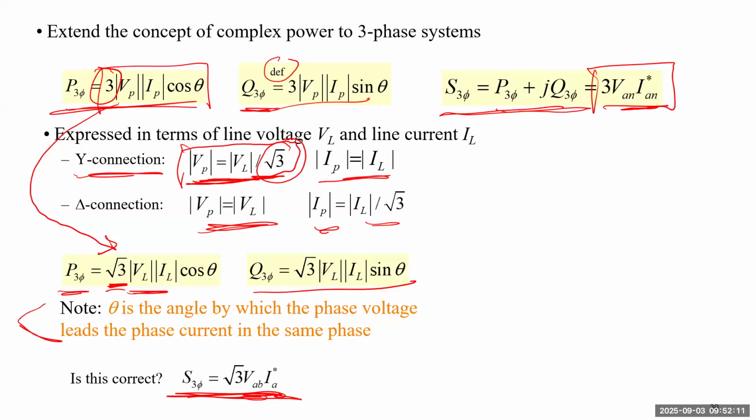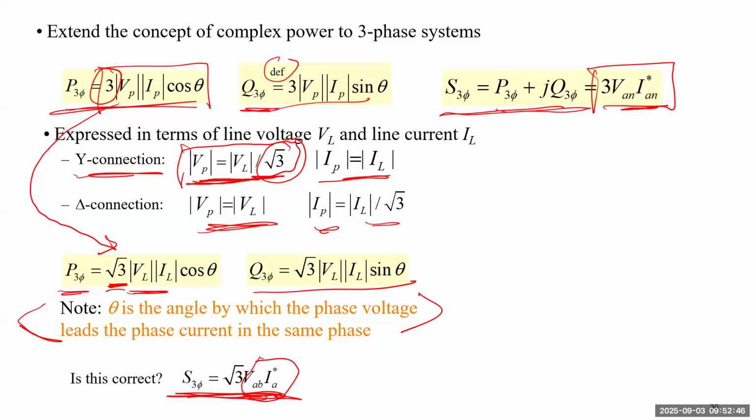Because for this formula to be correct, you have to take the angle by which the voltage is leading the current. This formula has voltage multiplied by conjugated current, so you assume the current lags this voltage by theta, which is wrong. The IA is not lagging VAB by theta, it's by a different angle.